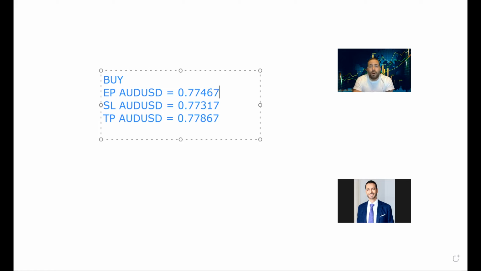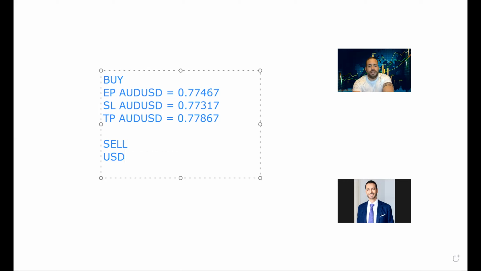Now, most currency pairs have 5 digits after the decimal point, but not all. So now I invite you to look once again at your Metatrader and look at this currency pair, USD JPY.